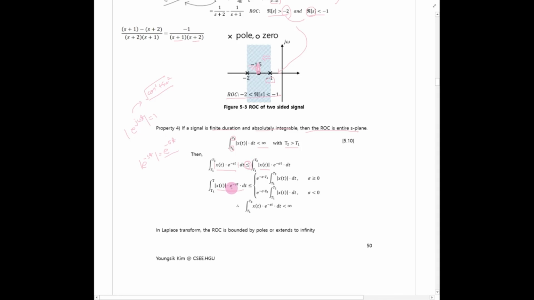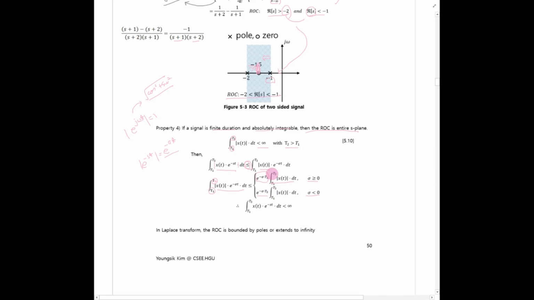This should be T2. Then the integration result can be interpreted in this way. If sigma is positive, the smaller time gives the larger value. So this is the maximum value. But what if sigma is negative? The larger time gives the larger value. So this is the larger number.